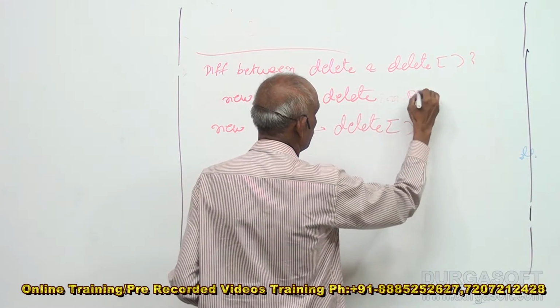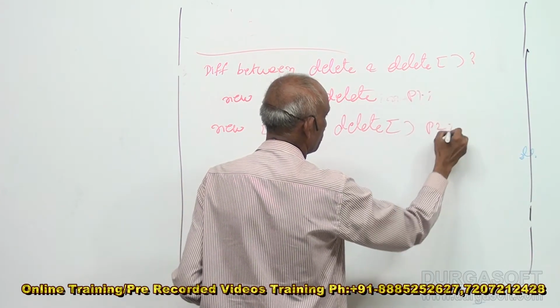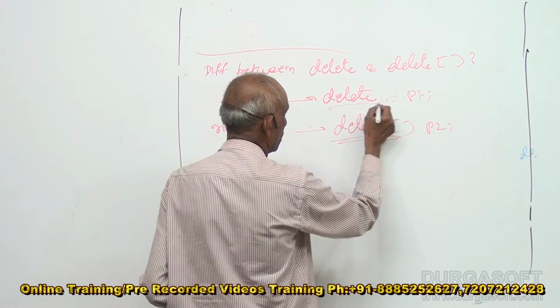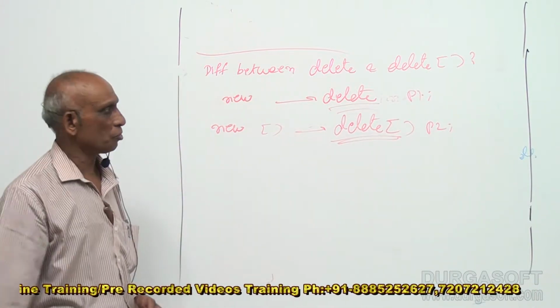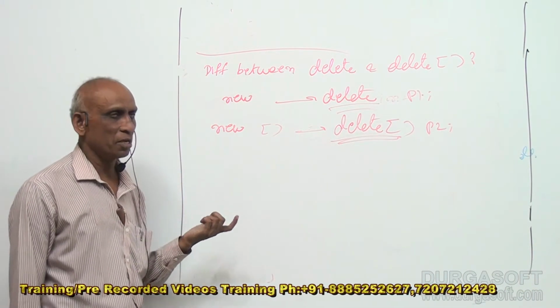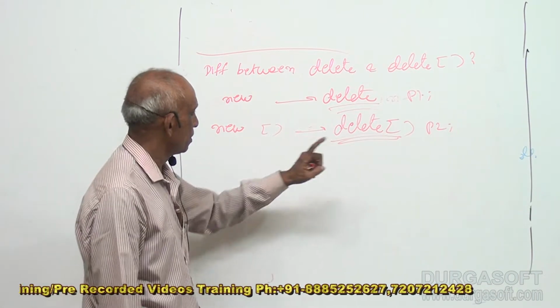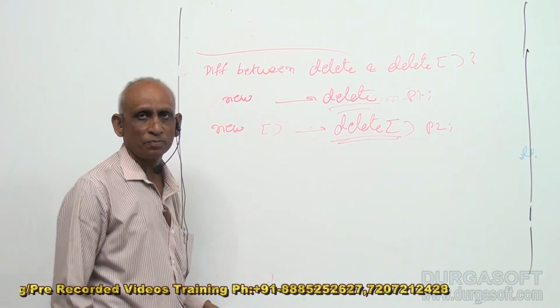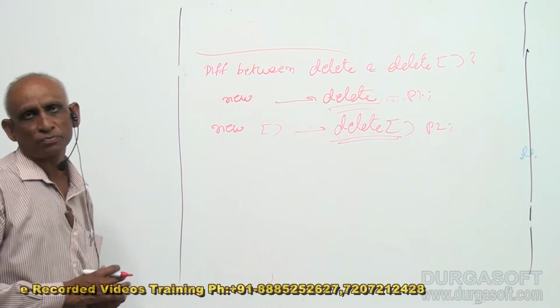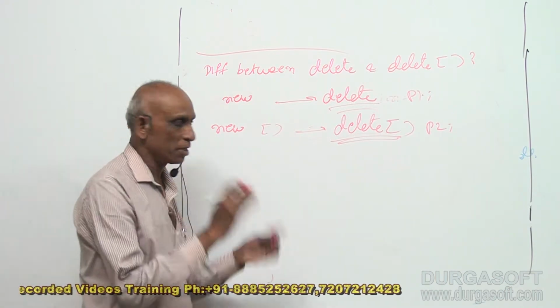So delete array p2. This is the difference. So simple delete deallocates one variable, whereas delete array deallocates the entire array, whatever the array you allocated is completely deleted.